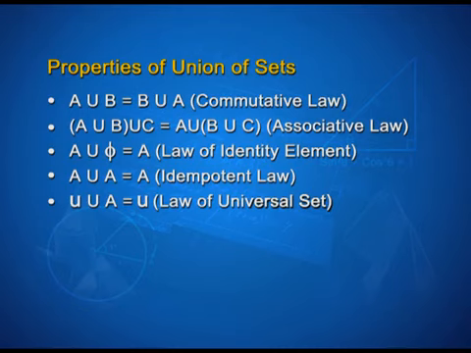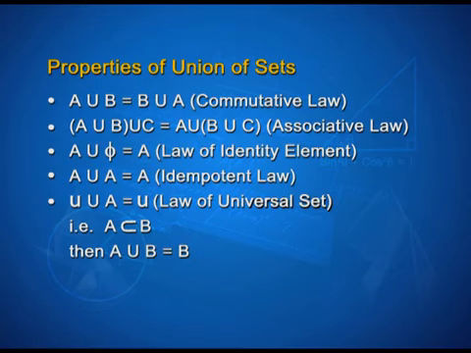That is, U union A gives us U. We can also conclude here that if A is contained in B, that is, if A is a subset of set B, then the union of A and B will give us B. That means the union of a subset and the superset will give us the superset.